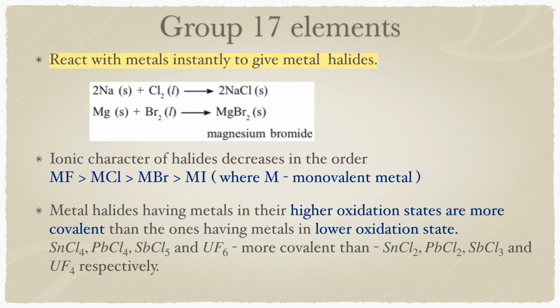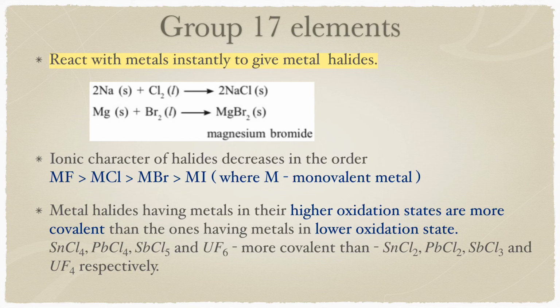Next, the ionic character of halides decreases in the order: metal fluorides are more ionic in nature as compared to metal iodides, where M is a monovalent metal.